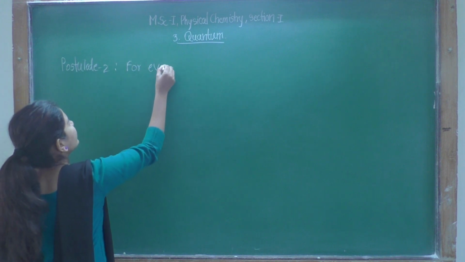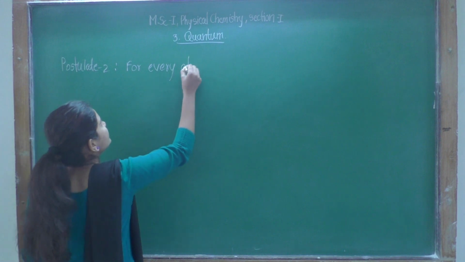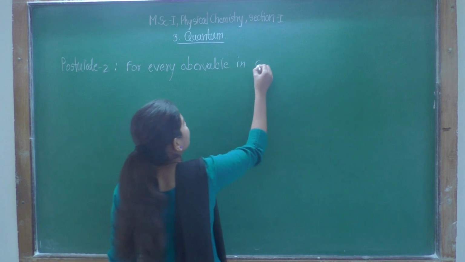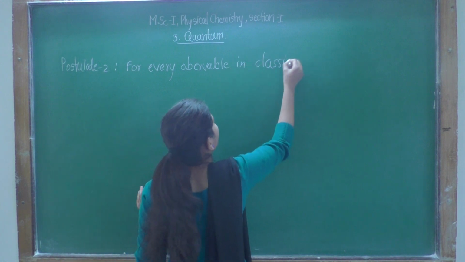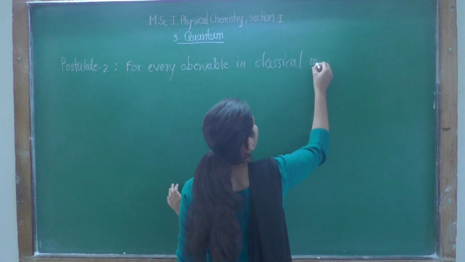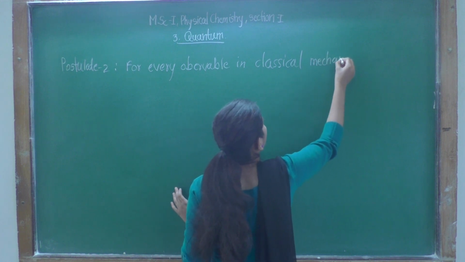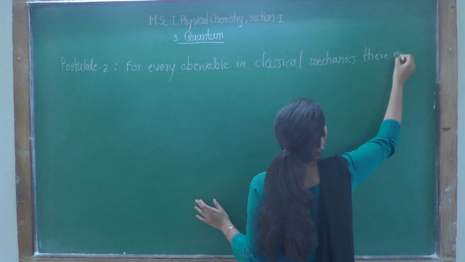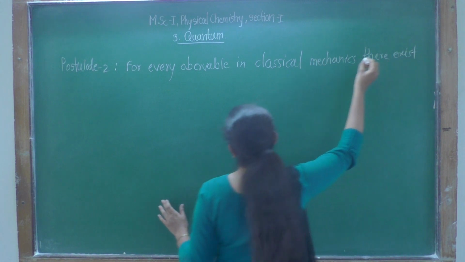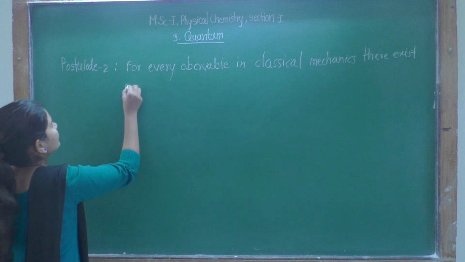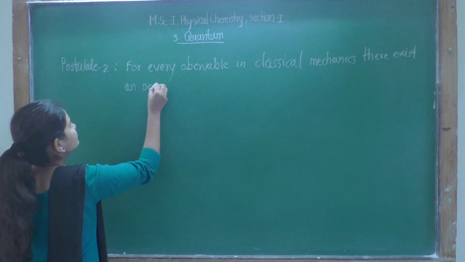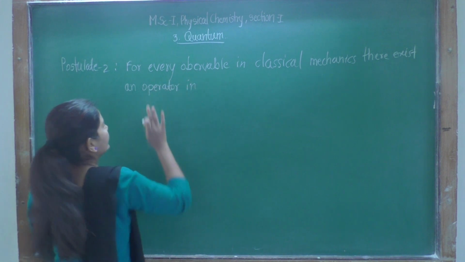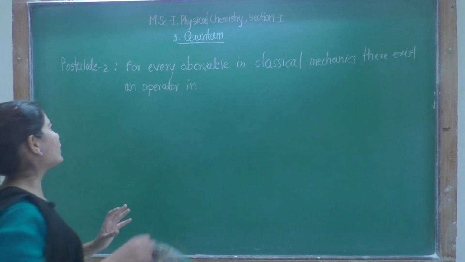for every observable in classical mechanics there exists an operator. There exists what kind of operator?